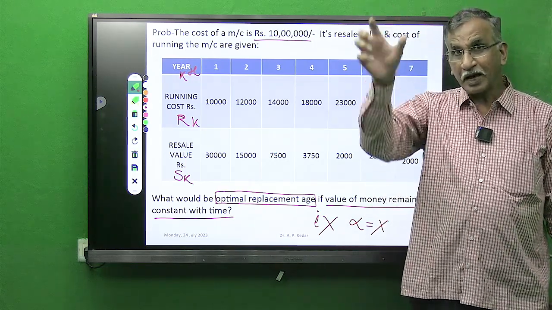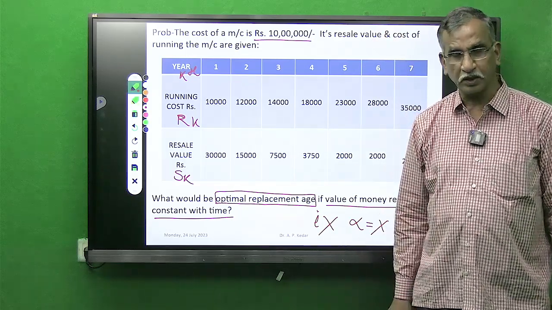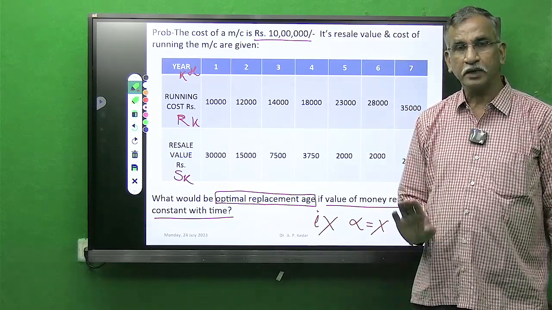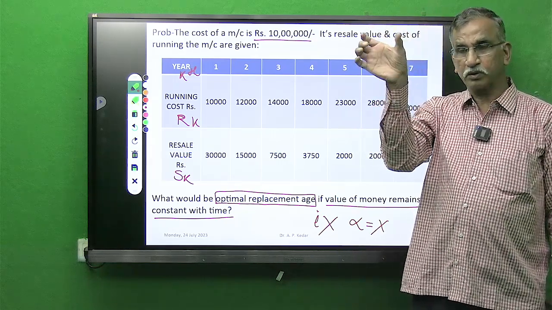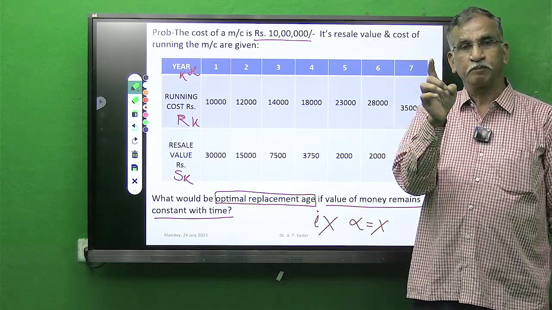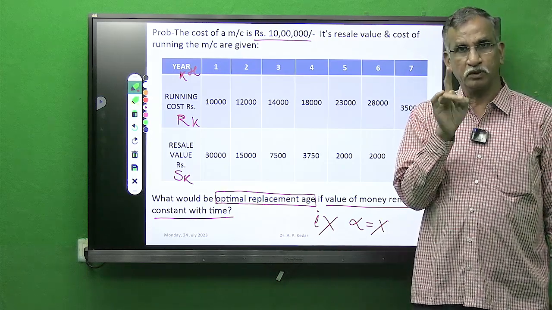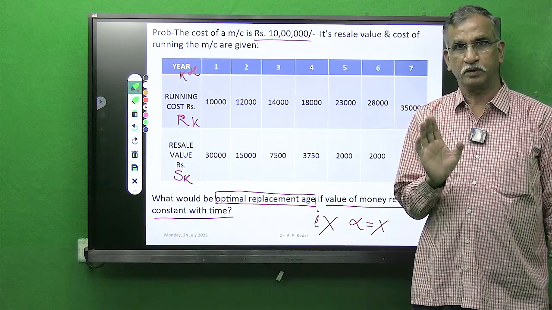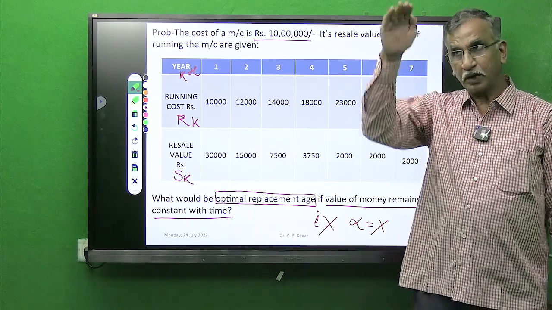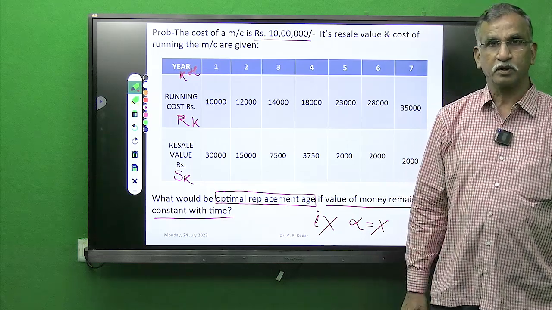In the table our last column will be average annual cost, and in that we will divide the total annual cost value by the year. For the first year we will divide by 1, for the second year by 2, for the third by 3, up to 7 by 7, and then we will analyze those values, and based on that we will decide what the optimal replacement age is.